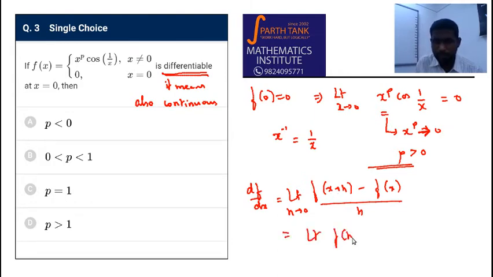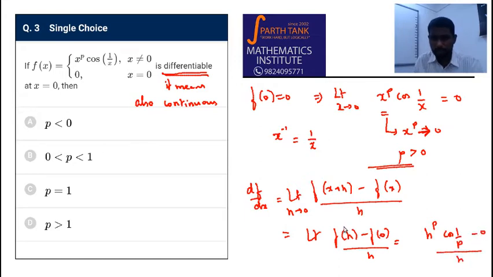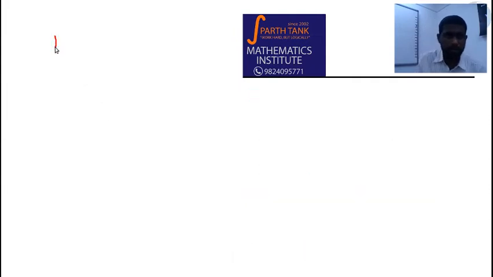Limit f of h minus f of 0 by h. Now this in our particular case will be h power p cos of 1 by h minus 0 by h as h tends to 0. Or this becomes limit h tends to 0 h power p minus 1 cos of 1 by h basically.